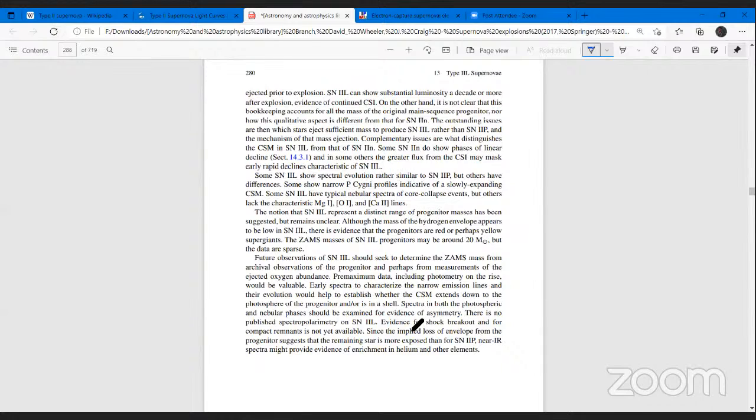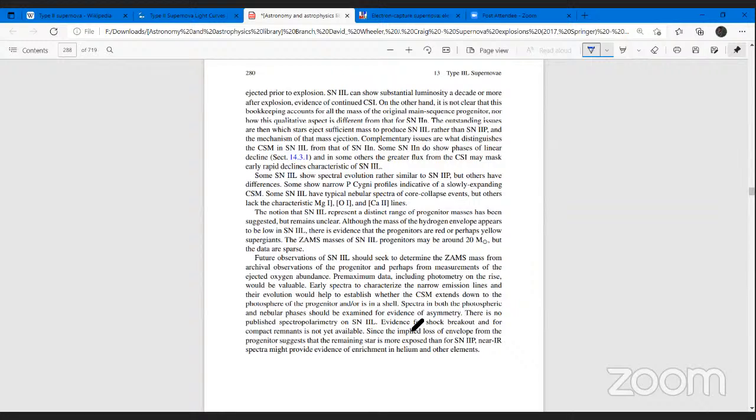Spectra in both the photospheric and nebular phases should be examined for evidence of asymmetry. There is also no published spectropolarimetry on this particular type. Evidence of shock breakout and compact remnants is also not yet available.